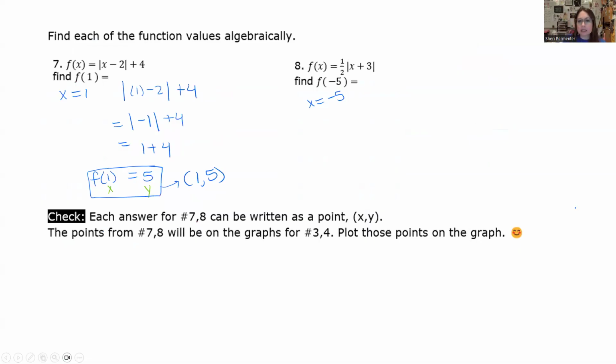So if x is equal to -5, I have 1/2 times the absolute value, and I'm plugging in -5 plus 3. What's -5 plus 3? -2. What's the absolute value of -2? 2.